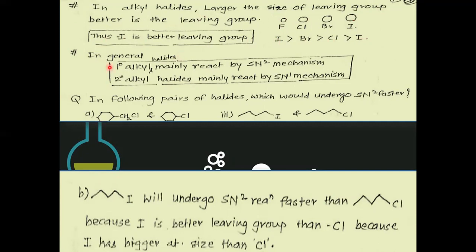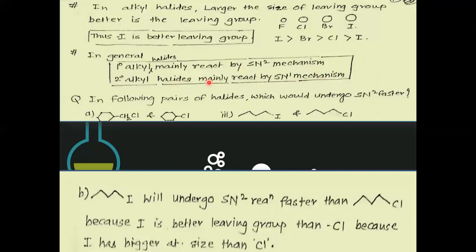In general, primary alkyl halides mainly react by the SN2 reaction mechanism. Secondary and tertiary alkyl halides mainly react by the SN1 mechanism.